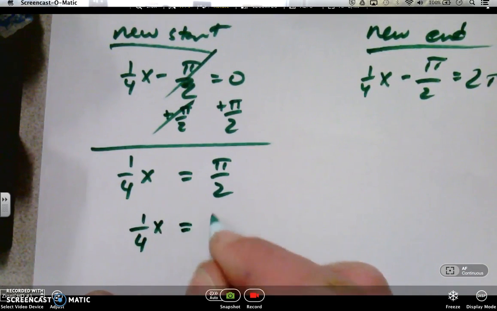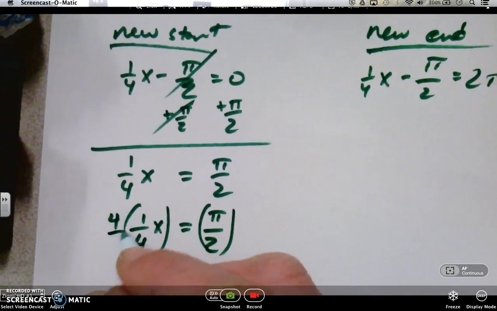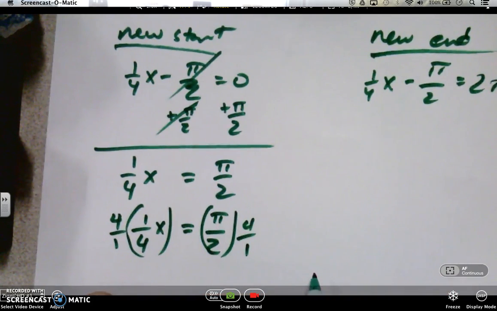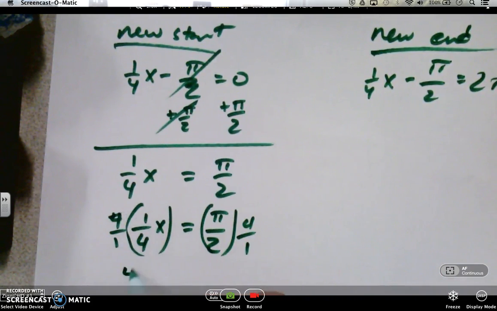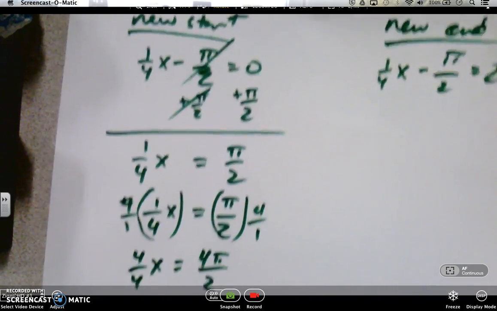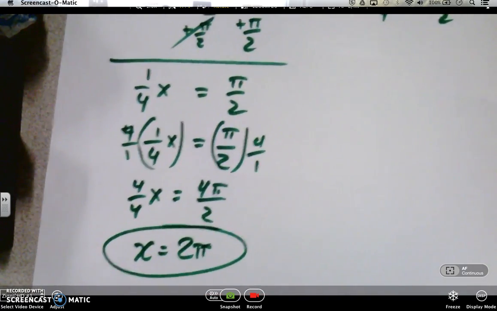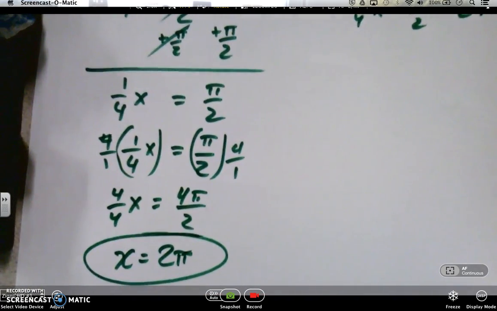You want to multiply by the reciprocal. 1/4 will not cancel this. 4 over 1 will, because 4 and 4, you'll get 4 over 4 x. Over here, you get 4 pi over 2. So we get x equals 2 pi. That's our key starting point.